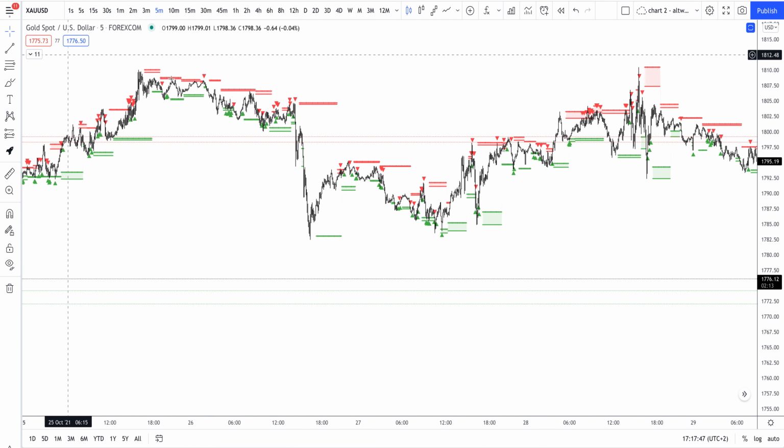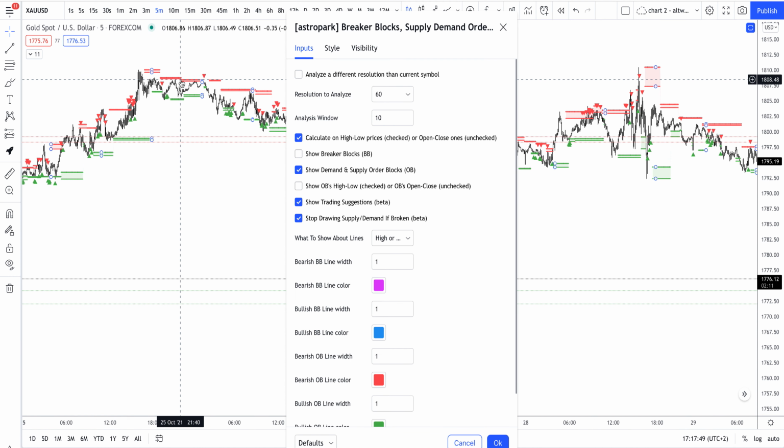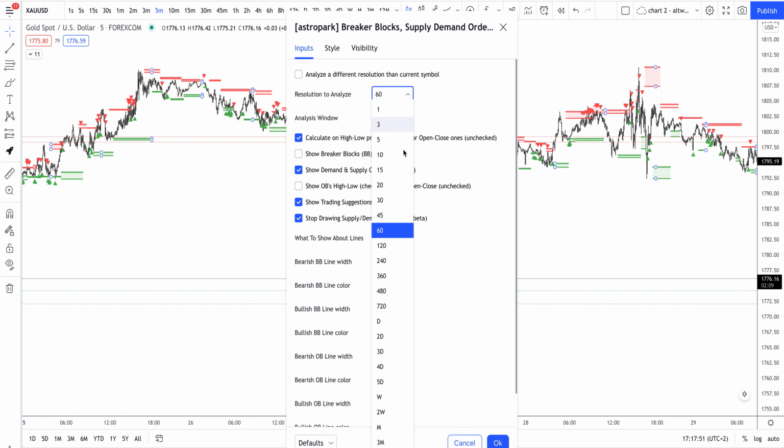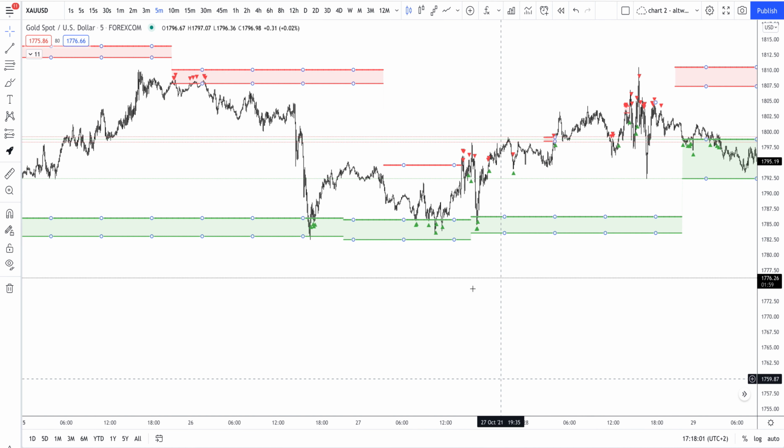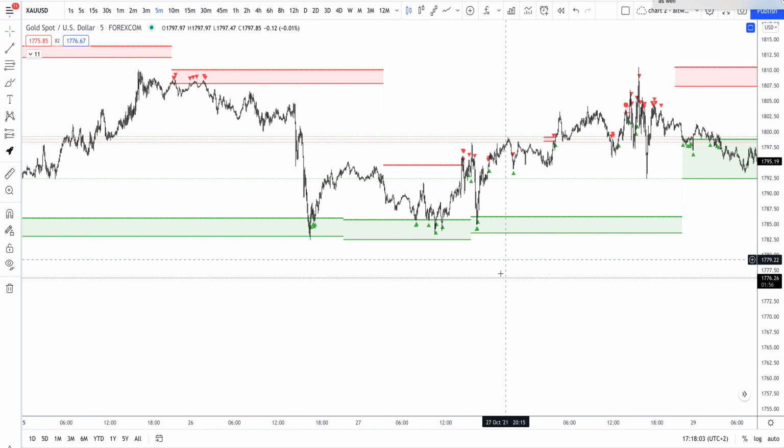To fix this, you need to analyze a different time frame while you are on a 5 minutes. For example, 30 minutes, or 1 hour, so 60. For example, on 30 minutes.